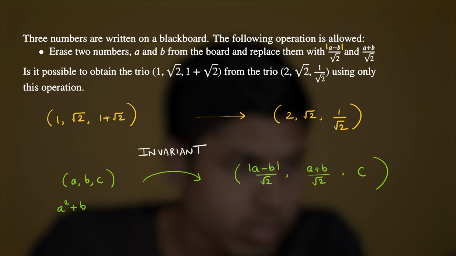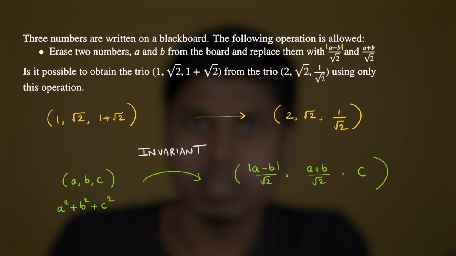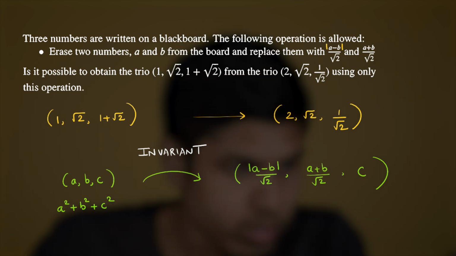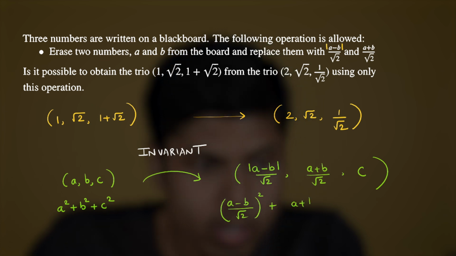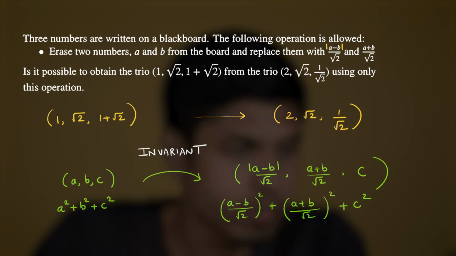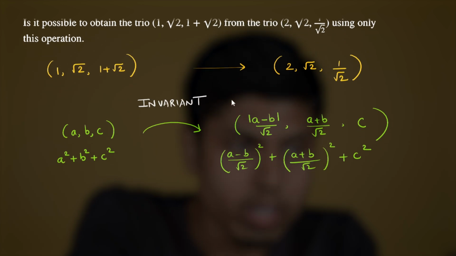Before the process, it was clearly a square plus b square plus c square. Now after the process, it is (a minus b upon root 2) the whole square plus (a plus b upon root 2) the whole square plus c square.